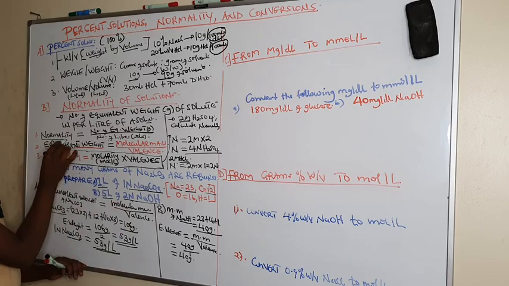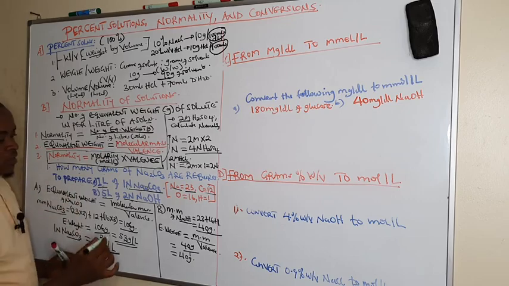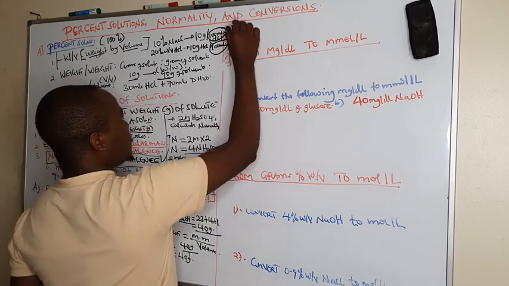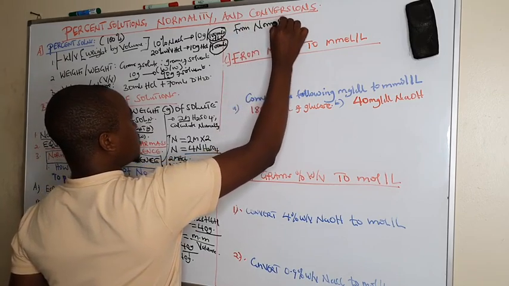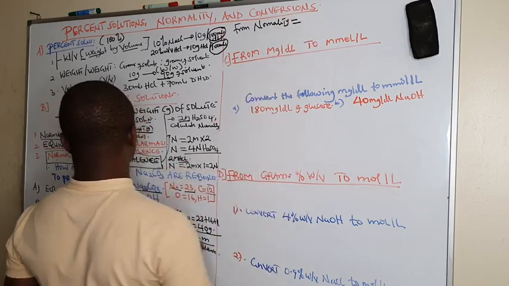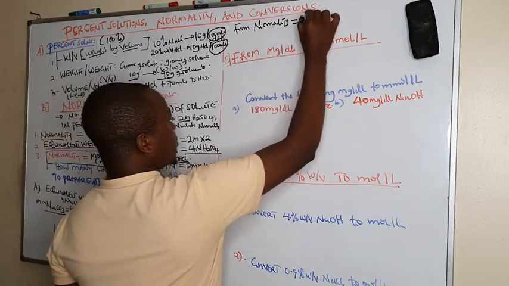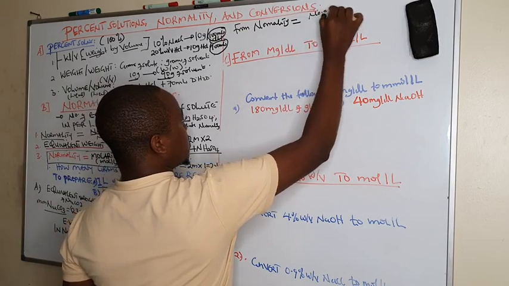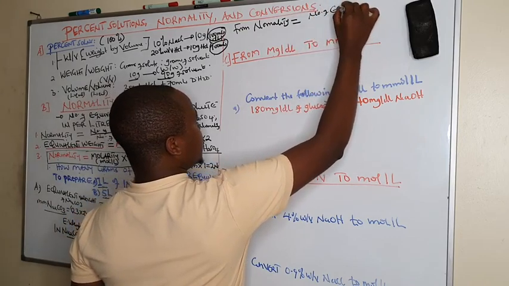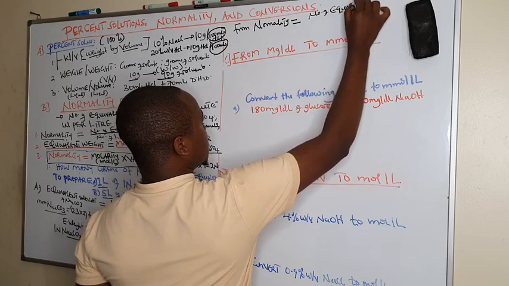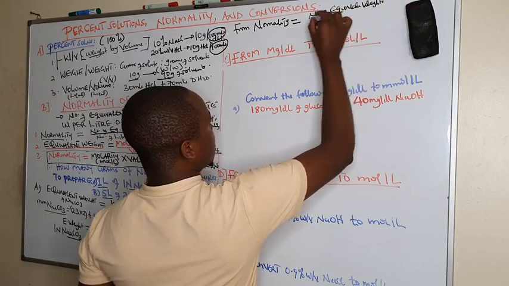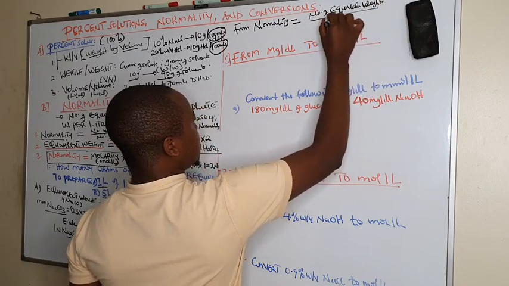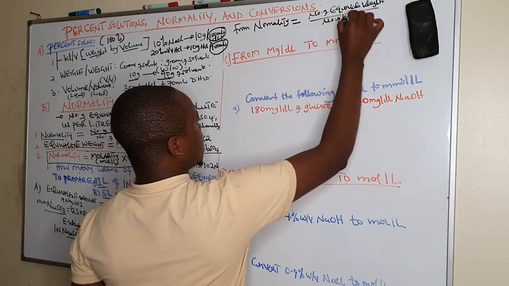So we can use this formula: normality equals number of equivalent weights divided by number of liters.